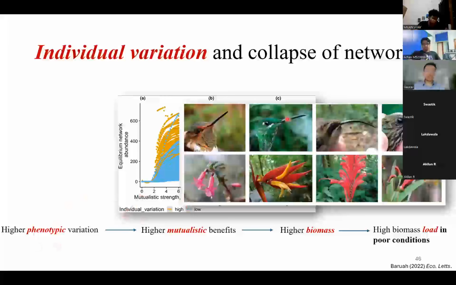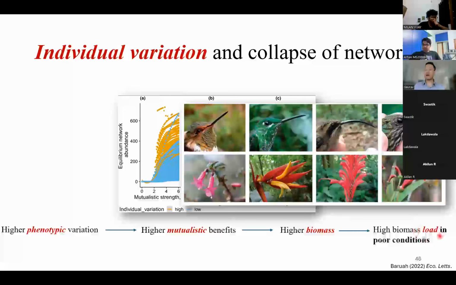So what is happening is that higher phenotypic variation in such bipartite mutualistic networks promotes higher mutualistic variation. So if you have higher variation, you are able to pollinate a lot of different plants, and this leads to higher mutualistic benefits, higher biomass. Higher mutualistic benefits means higher positive benefits, higher fitness. Higher fitness leads to higher biomass.